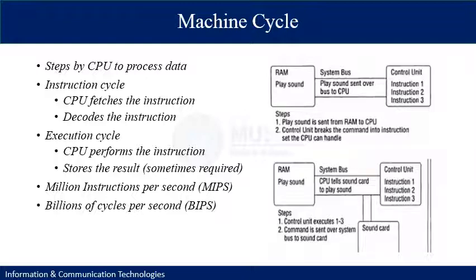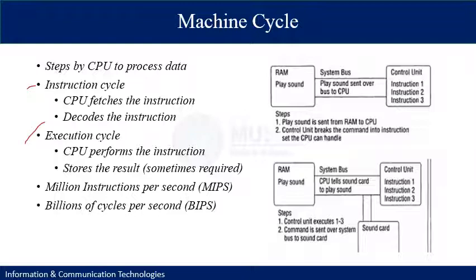So the machine cycle is the steps taken by the CPU to process the data. The machine cycle has two subcycles, the instruction cycle and the execution cycle.